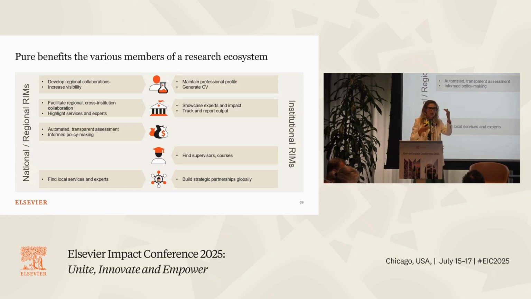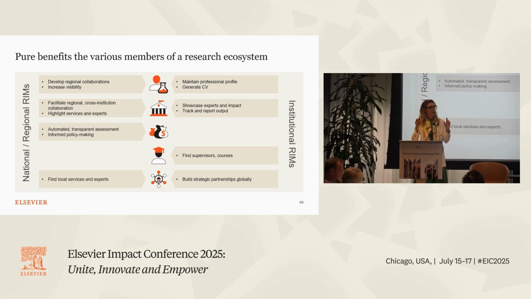And for the different members, it helps address various objectives. If we look at, for example, the researchers, on a national level, they can develop regional collaborations and increase their visibility also through these national portals. And on an institutional level, they can maintain their personal profile, they can generate CVs.